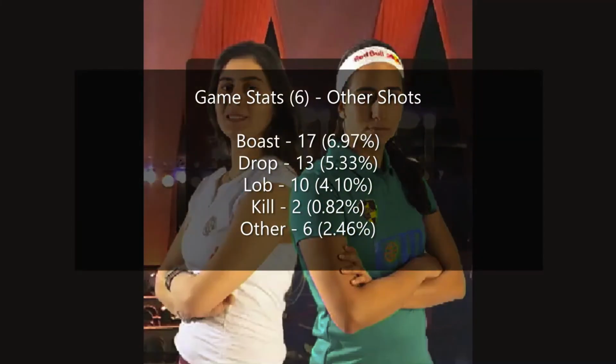Finally, we have some stats on the other types of shots that were used in the game. There were 17 posts, 13 drops, 10 lobs, 2 kills, and 6 other shots that were used in the game.